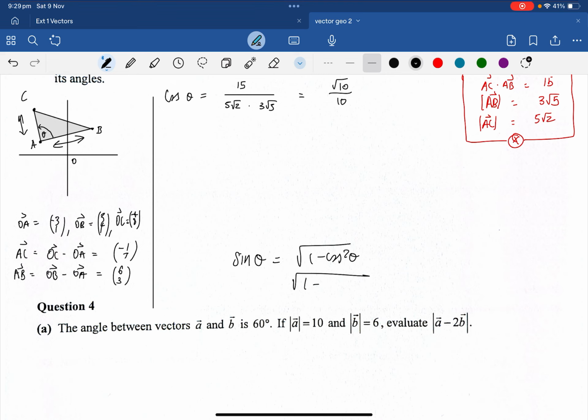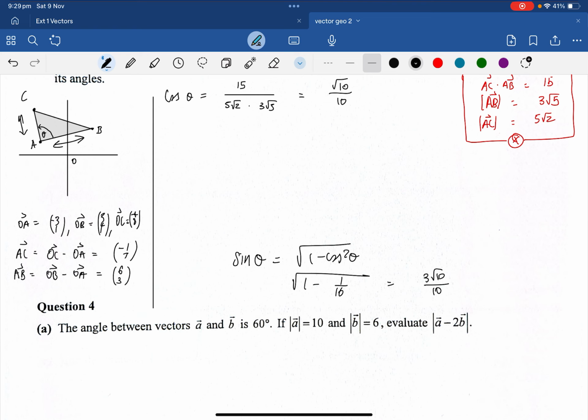If you square root 10 on 10, the answer is 1 on 10. So 1 minus 1 on 10. And what's the square root of 1 minus 1 on 10? Well, it's equal to 3 root 10 on 10.